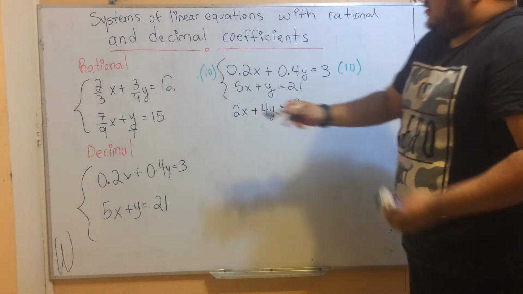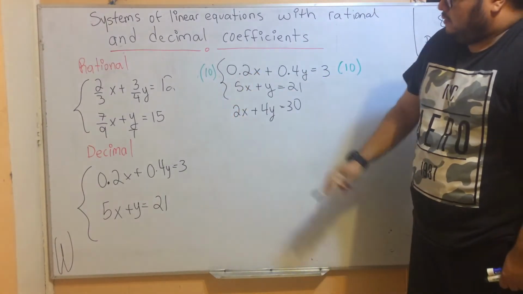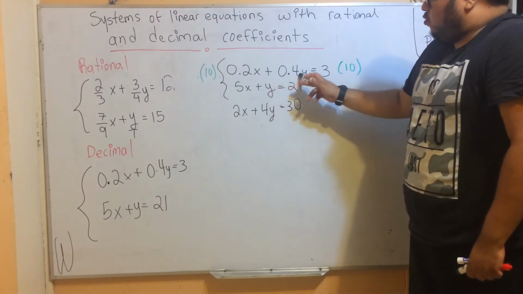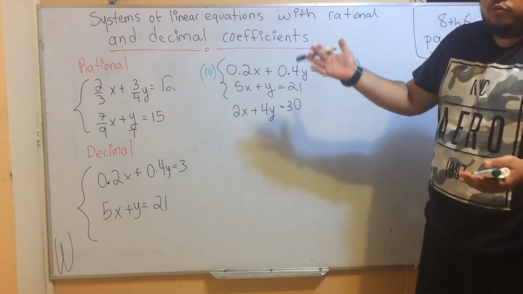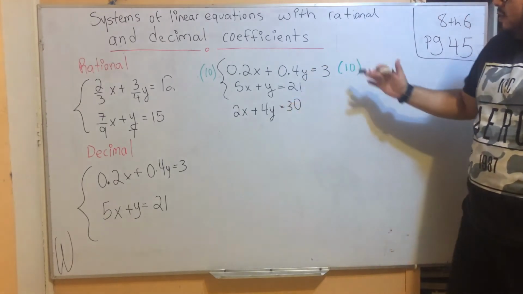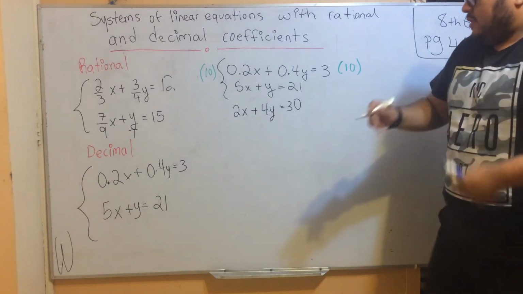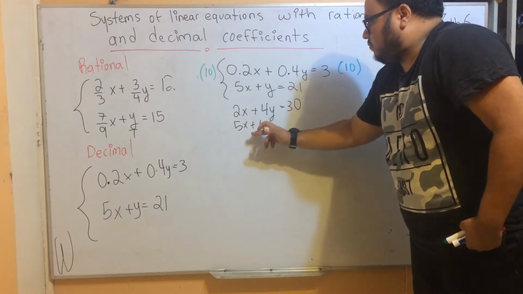Because remember, 10 times 0.2, we move the decimal point one spot, 2x. 0.4, we move the decimal point one spot to the right, 4. And what we do on one side, we need to repeat on the other side. So 3 times 10, 30. Now, if you notice, we're copying the bottom equation.